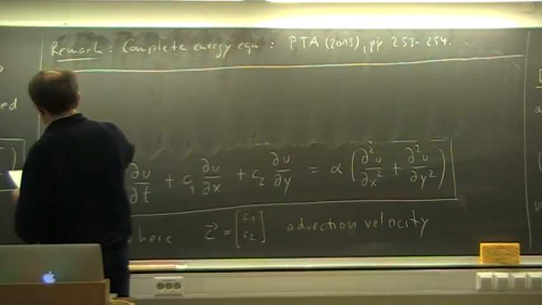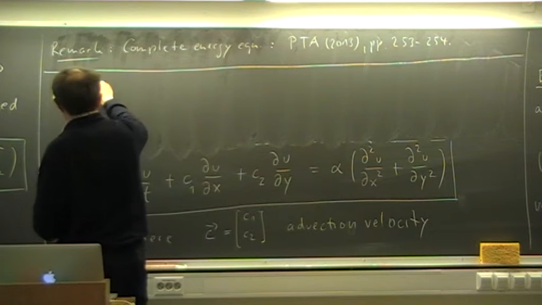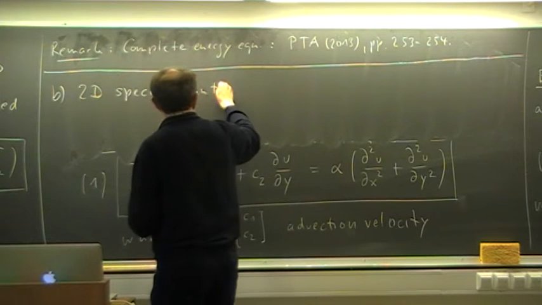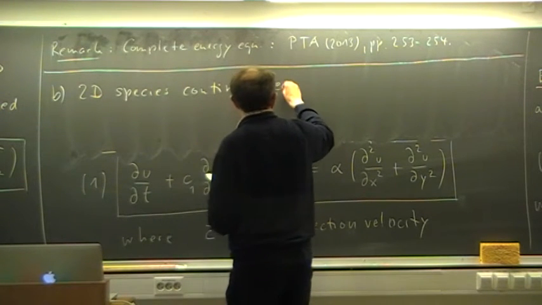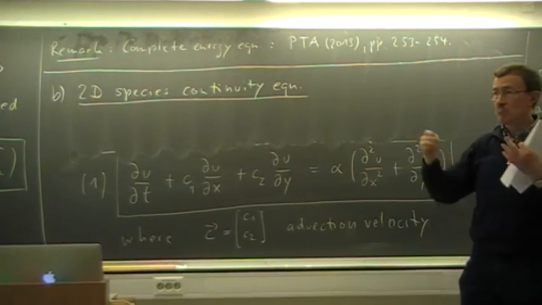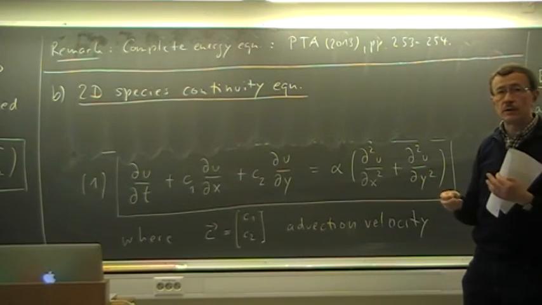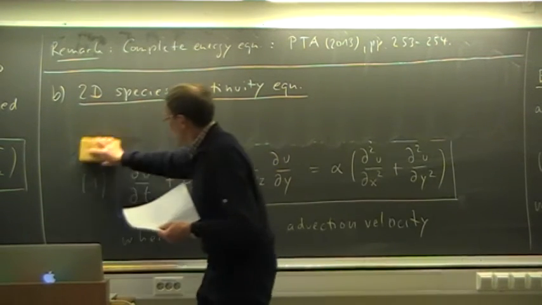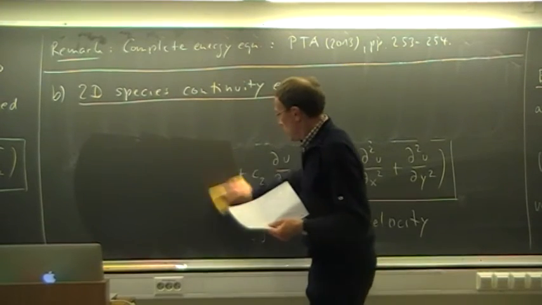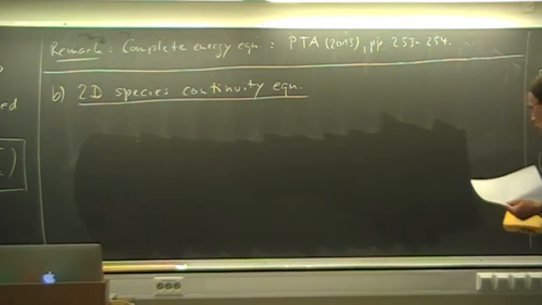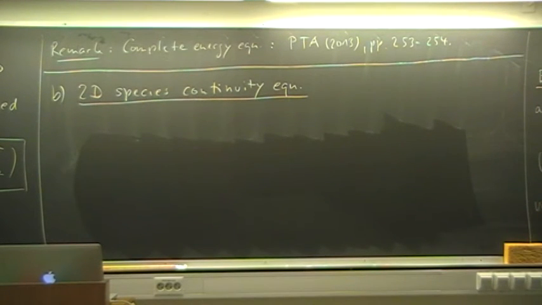The second example is very similar. That is the 2D species continuity equation. What you have when you have multiple species in air or in liquids or in other gases, whatever you like, in any fluid. For example, in combustion, you have CO, CO2, and different components that you have when you do combustion.